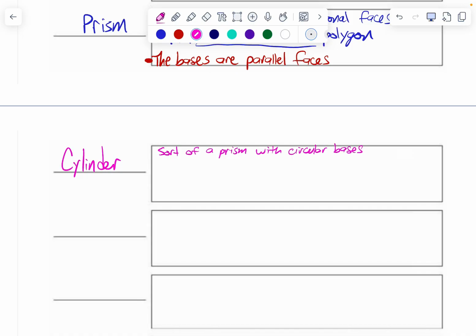This time I do want you to draw that net shape. So let's draw our best cylinder. It always looks like a division sign to me.